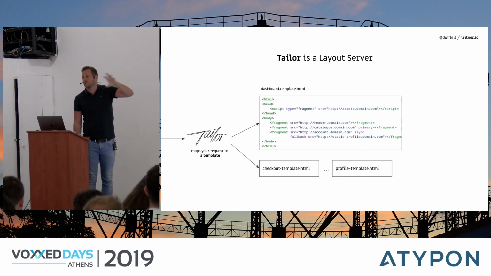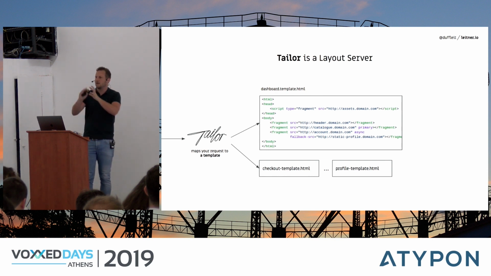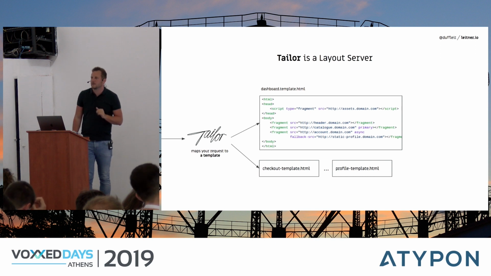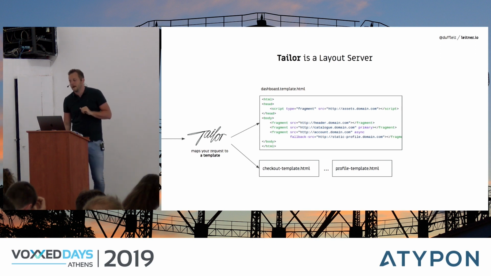So if the account domain service is not available, not reachable for whatever reason, you can add a fallback source here, and this is usually a static page somewhere on an S3 bucket, which is never down. And this one shows then, okay, the account service is not working, or it just shows some static information about your account.